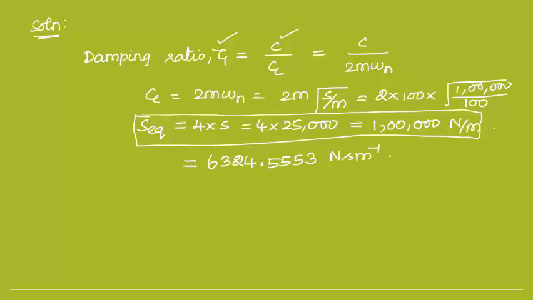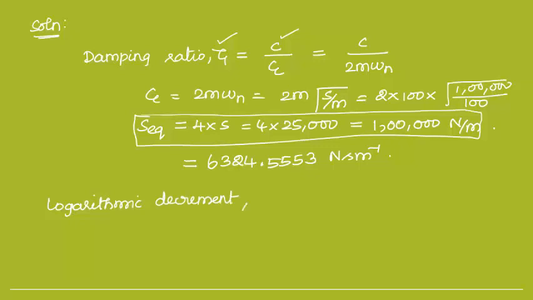The damping ratio zeta can be calculated by calculating the logarithmic decrement. In the problem statement there are data to calculate the value of logarithmic decrement delta.